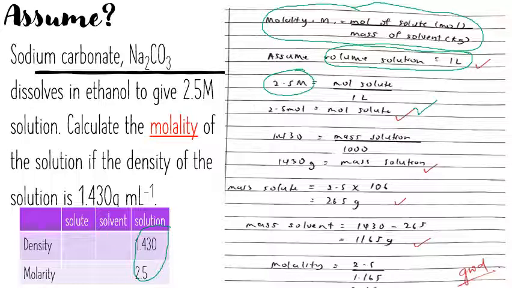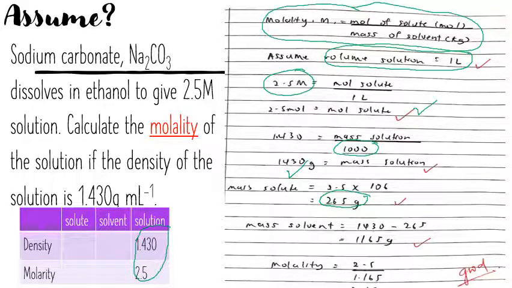Then, from the density, since we assume the volume is 1 liter, we are able to find the mass of solution. Using the mole and also the molar mass, we can determine the mass of solute.